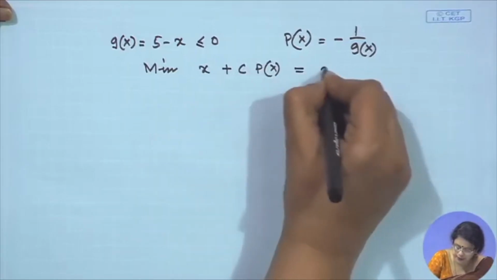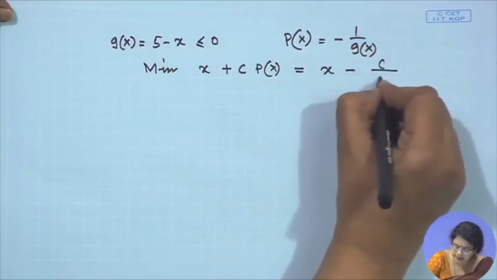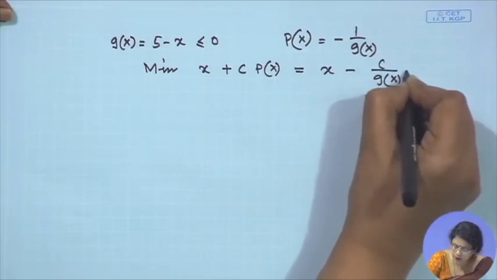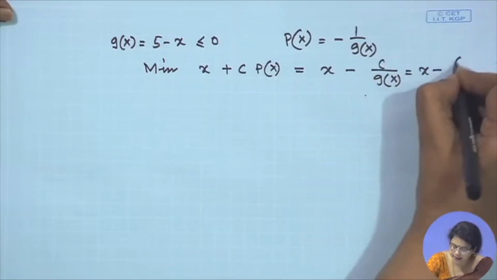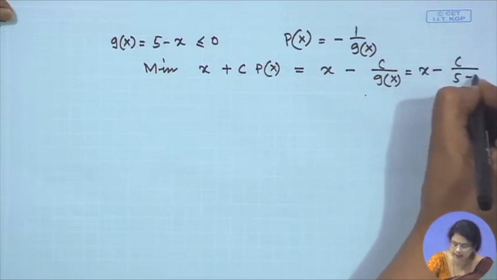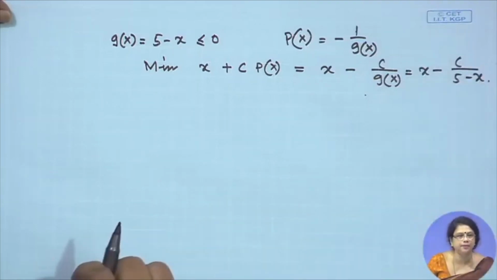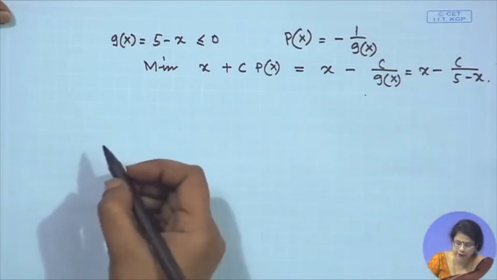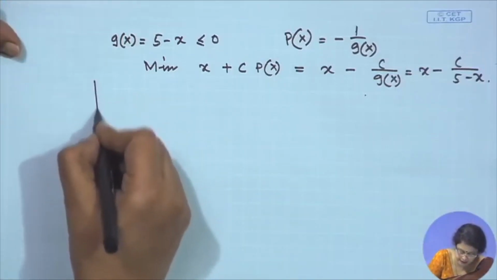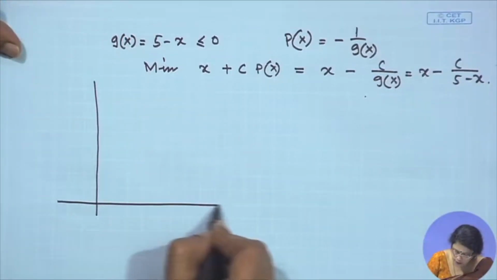Here it would be x minus c by g(x), or x minus c by (5 minus x). Clear?